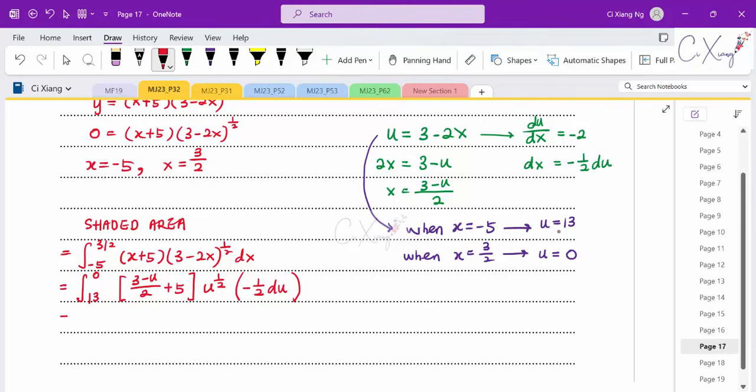Before I can integrate, I still need to rephrase it one more time. For the first bracket, after I rephrase, I will get 13 over 2, because 3 over 2 plus 5 gives 13 over 2, then minus 1/2 u. Then multiply with u power half, then multiply with -1/2, and then du.